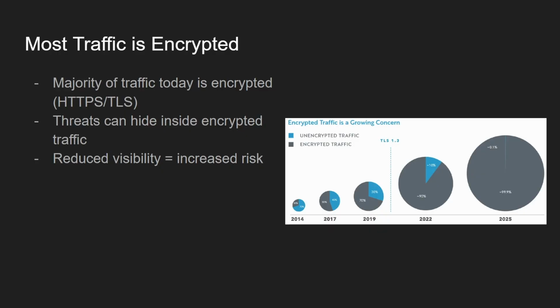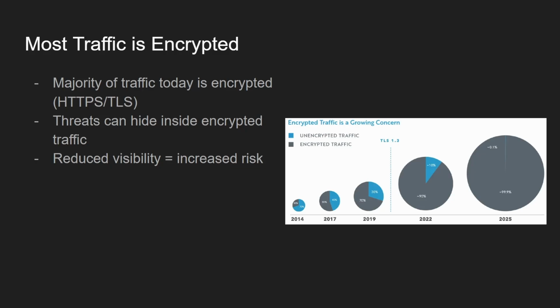We can see the trend here that over time, encrypted traffic has gone from being a minority of total traffic on the internet to almost everything, right? We're in 2026 now. By this time, we're really looking at nearly 100% of all traffic is encrypted.